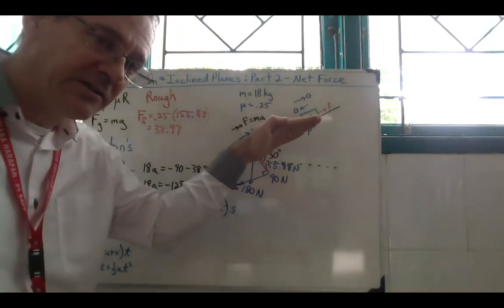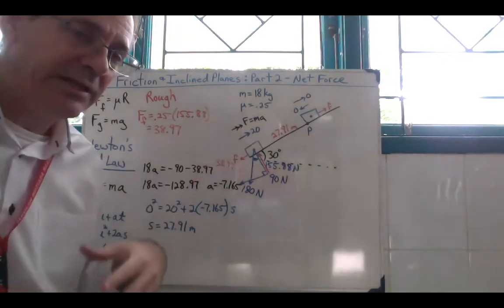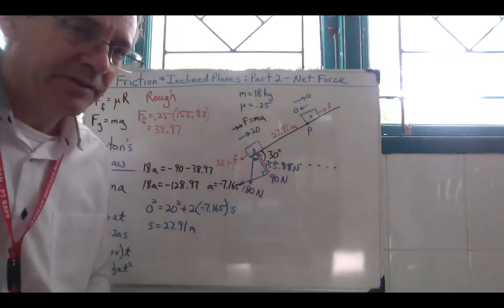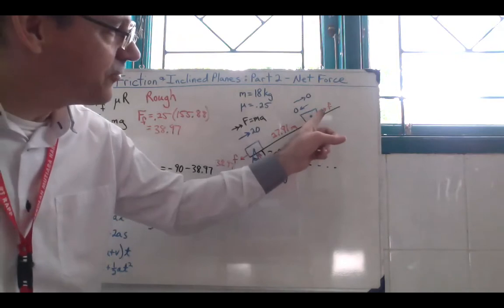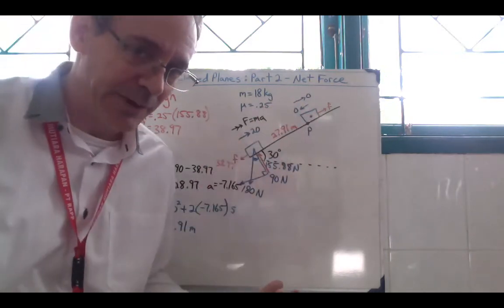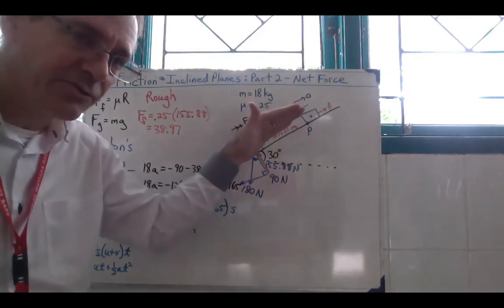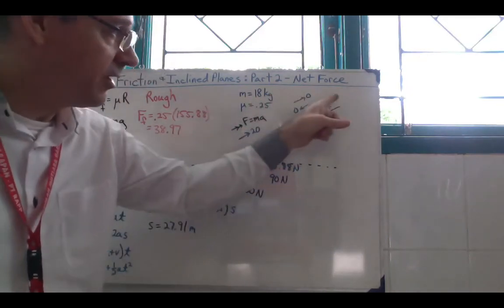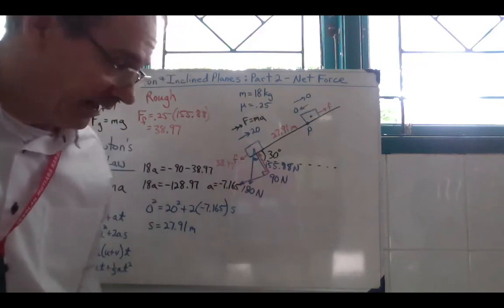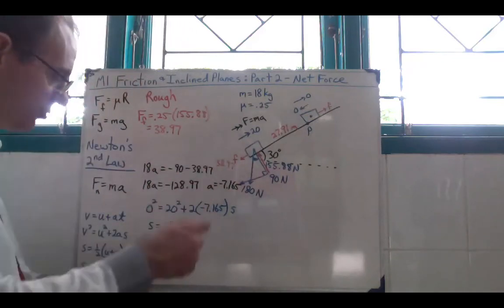Now it's going to start sliding and gaining speed, so we need to recalculate the acceleration, and our friction has changed directions. Now that the box is sliding down, the plane is resisting the motion and our friction is acting up the plane. So we need to redo our calculation.